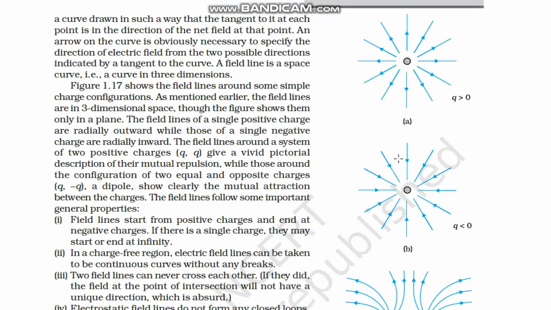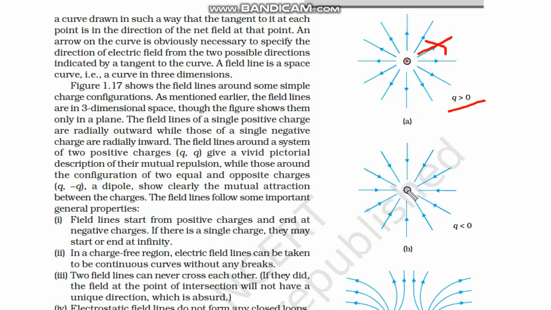So here you can see that they have shown some patterns for electric field lines. Here it is for q greater than 0, that means the charge must be positive. So a point charge is there and electric field lines are going outwards.